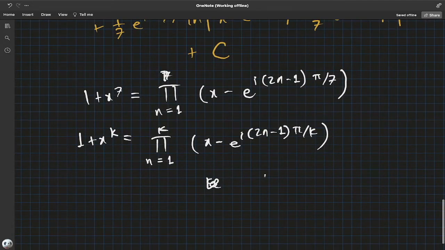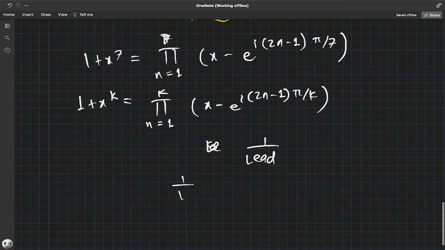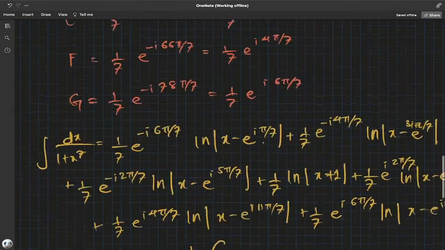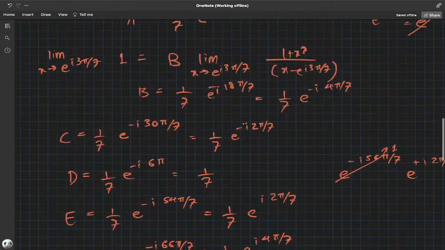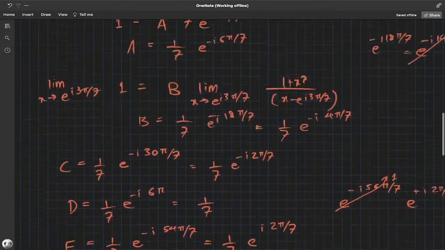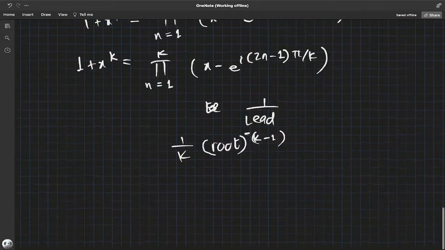So let me just write a general structure: 1 over leading term. In this case it's going to be a k, that's the leading term. And then root raised to the negative, because we take the reciprocal when we divide, leading term minus 1. That's the general structure, and we're summing over these because we have to sum over each of those 7 roots.